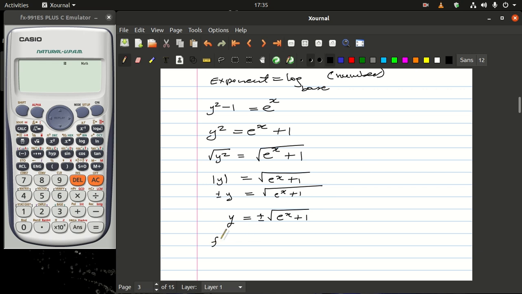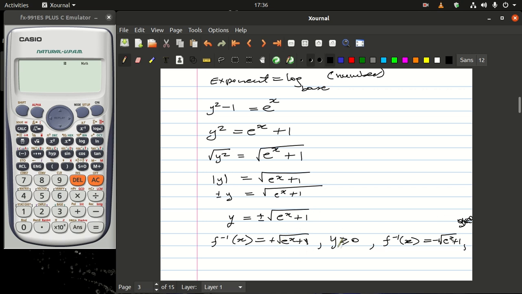In other words, my inverse here, if I were to split it into two, let's say I split it to be plus the square root of e to the power x plus 1 if y is greater than or equal to 0, and then I say the inverse is equal to minus 1 times the square root of e to the power x plus 1 when y is less than 0. Then this will be a function and this will be a function.